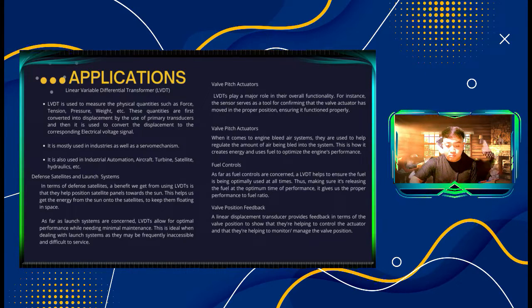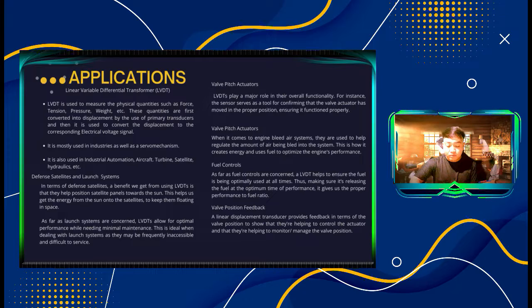When it comes to LVDT sensors, there are plenty of applications to be aware of. While LVDT sensors have a wide array of potential applications, one of the most common sectors in which LVDTs are used is the space and industrial realms. With that in mind, the first thing will be the defense satellites and launch systems.